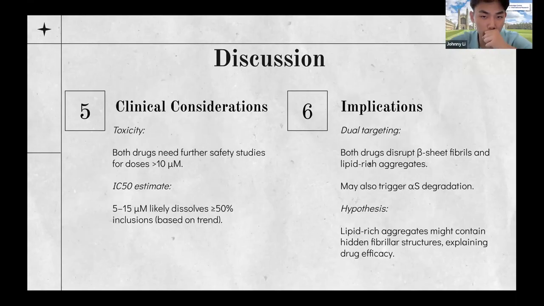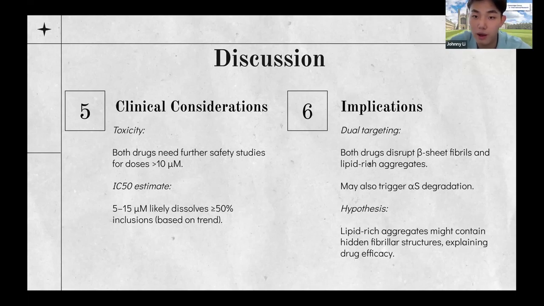So, for example, Fasudil is already an approved drug in some countries for cerebral vasospasm, and Anli 138B has already undergone animal testing for Parkinson's models with no significant toxicity. So essentially, the implications here are twofold.